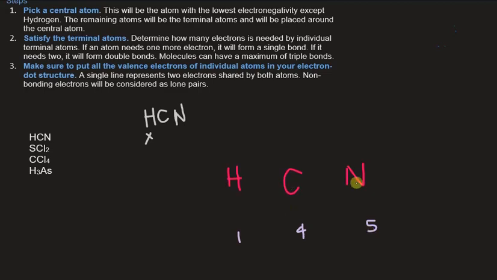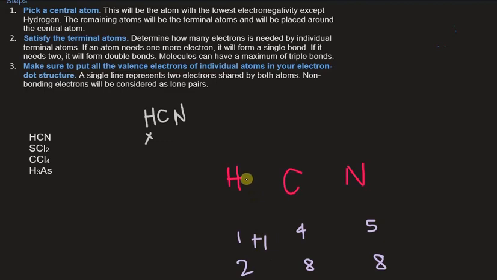Again, they bond because carbon wants 8, the octet rule. Also for nitrogen, the octet rule. And hydrogen, being a smaller atom, follows the duet rule. It wants 2 valence electrons. Right now, hydrogen has 1 valence electron, but it wants to have 2. It needs 1 more.